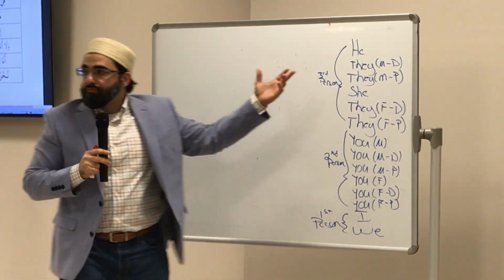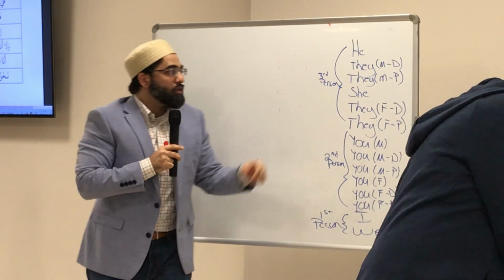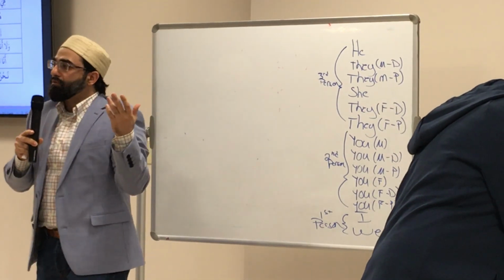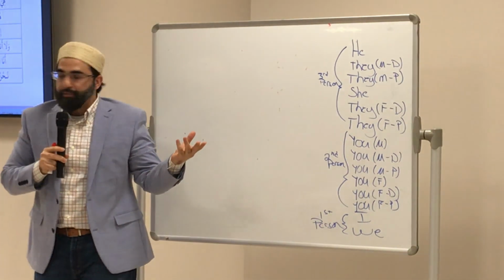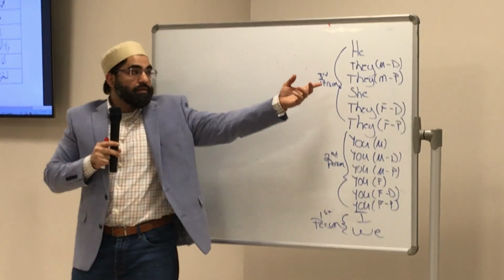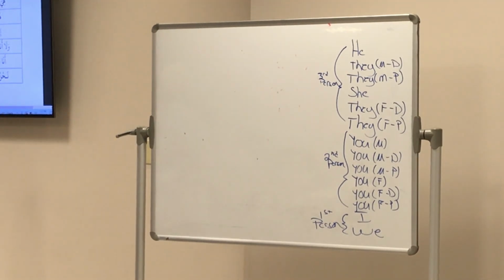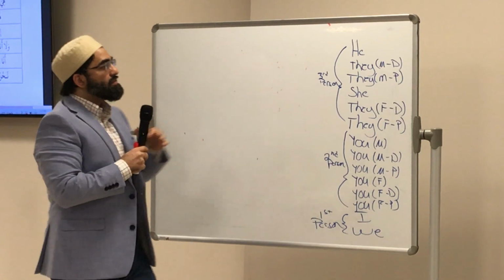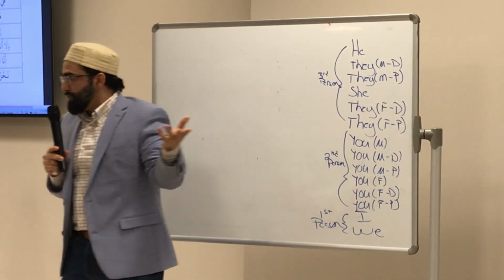It's the same as the dual. Think of male plural. If I'm talking about a sister, one female, I just say she. But if there are two females, I say they, and if there are three or more females, I also say they. Nothing changed. In the third person in English, there's not that much to remember about how you refer to people.